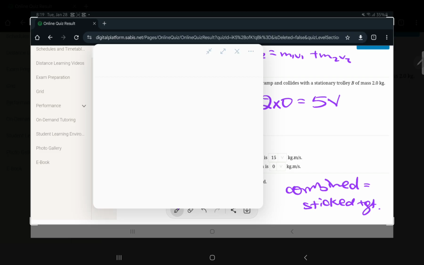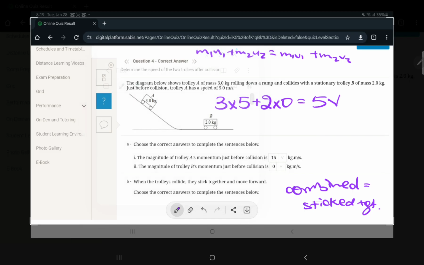And we learned a rule, sorry for this window. We learned a rule that momentum of the system before the collision and after the collision is always equal if there is no external unbalanced force applied. So the momentum is always conserved.